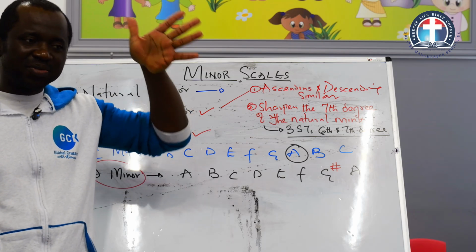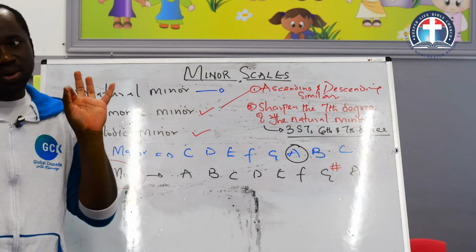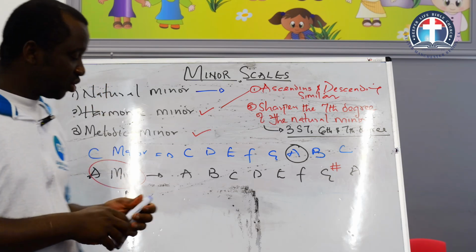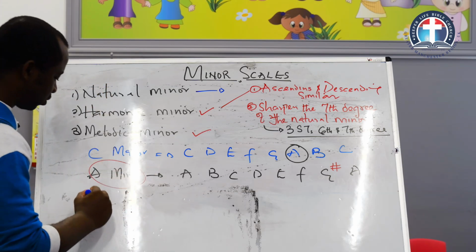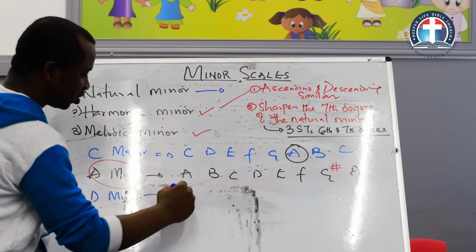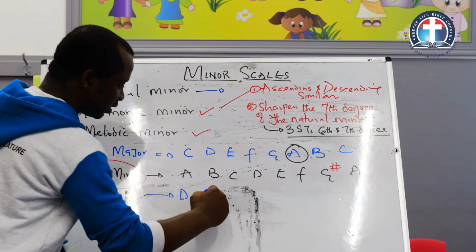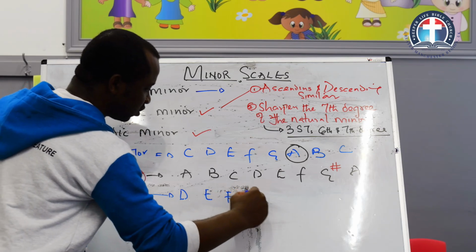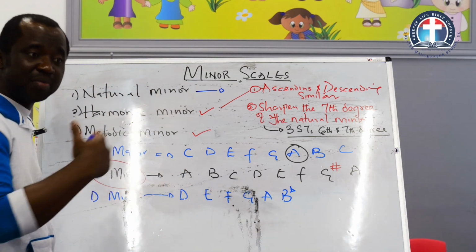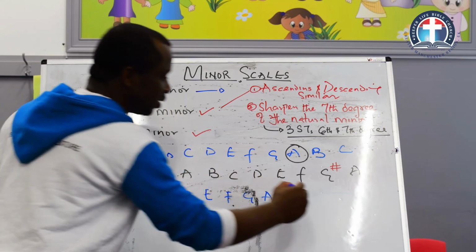F. So that means in D harmonic minor, I should see a B flat, right? I should see a B flat. So if I want to write D harmonic minor, let me say D minor, I should have D, E, F, G, A, B flat, all right? Because it's mimicking F major, right?